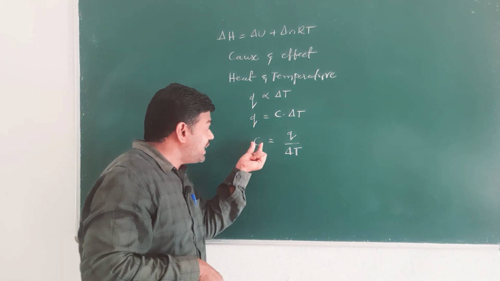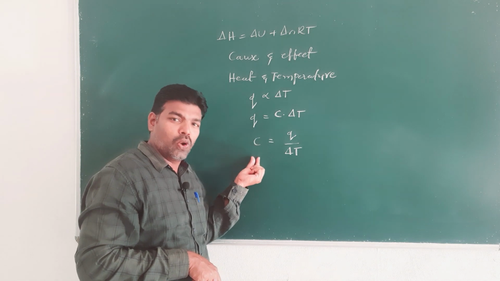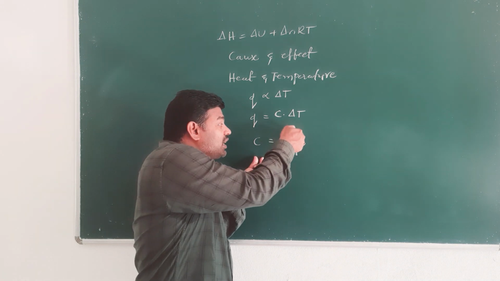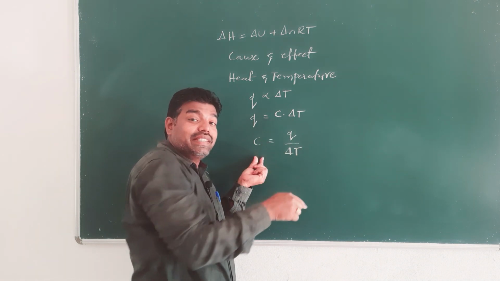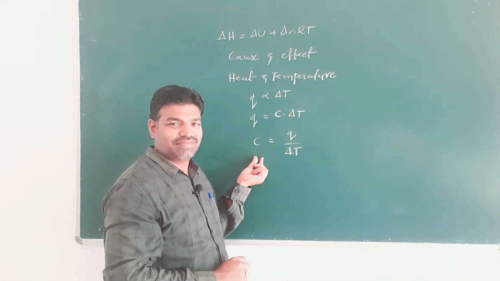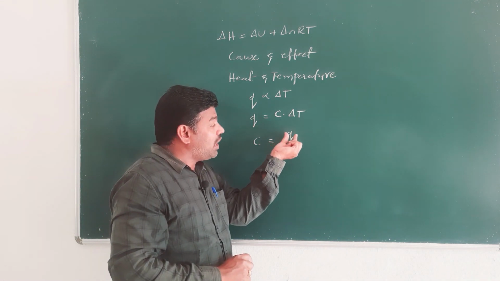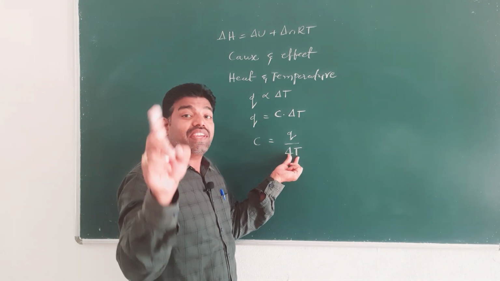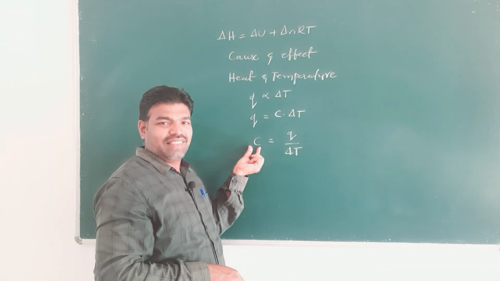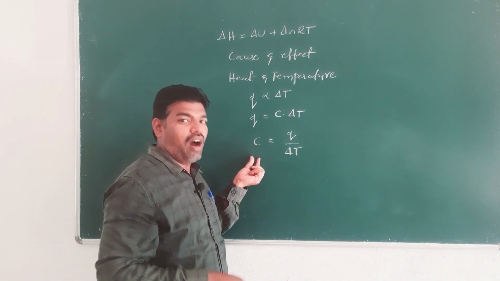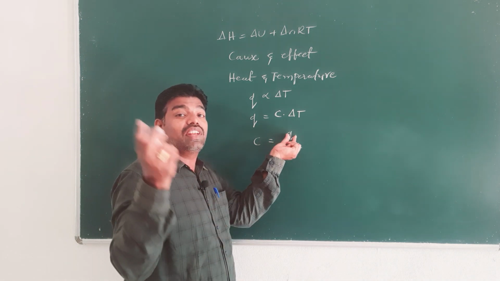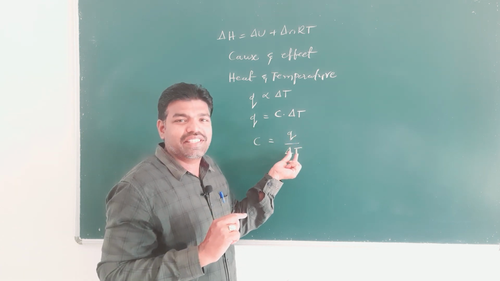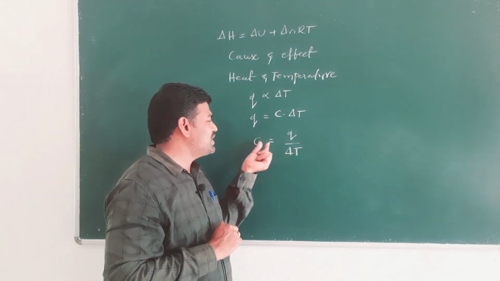That means if the heat capacity of the system is low, then Q amount of heat will raise the temperature of the system greatly. So, C is equal to Q by delta T.